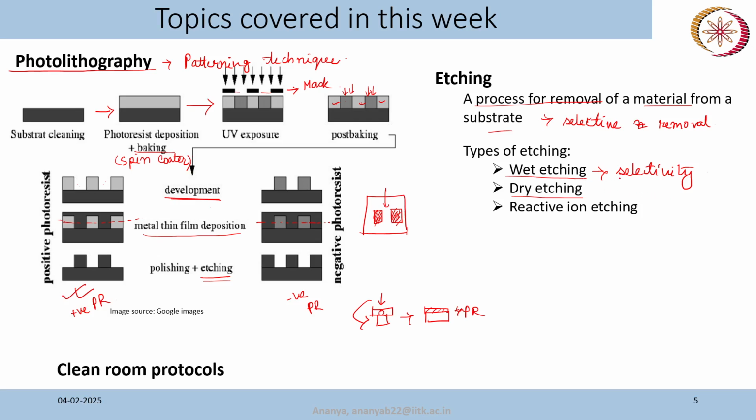However, these are not directional, because I think you know this. Suppose you want to remove a material from this portion, so wet etching will give you this kind of a structure, because it removes material from the sides also, right?